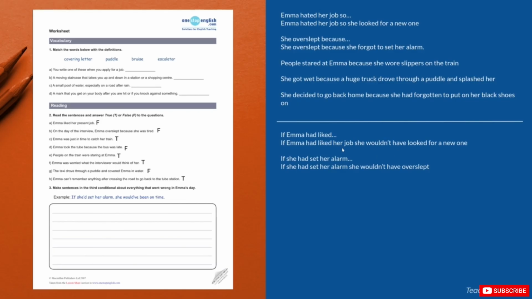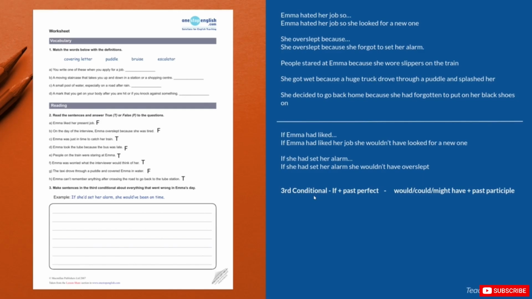So this sentence: had liked, wouldn't have, would have, had eaten, had been. If she had set her alarm, she wouldn't have, would have, could have, had eaten, had been. These sentences are the third conditional.